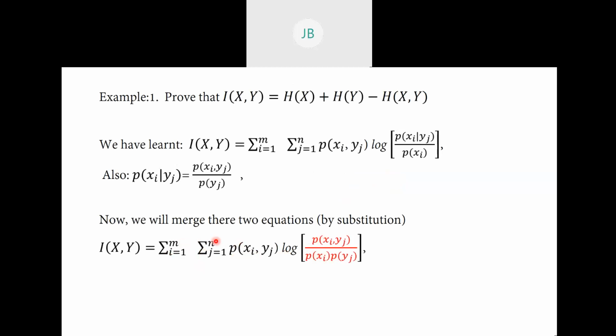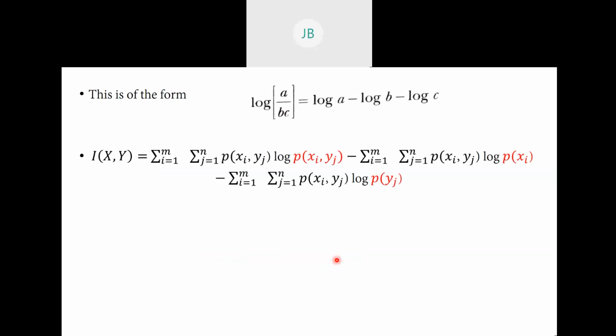So this summation and the joint probability between x and y. Then we have these terms, and even these terms have this summation. So those summations log of a, minus those summations log of b, minus summation log of c, and so on. That is what is written here.